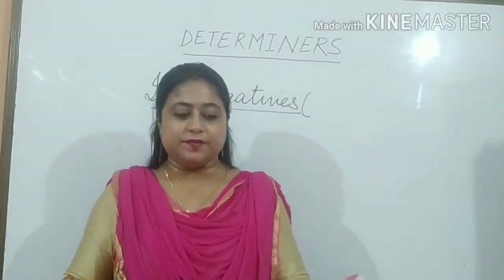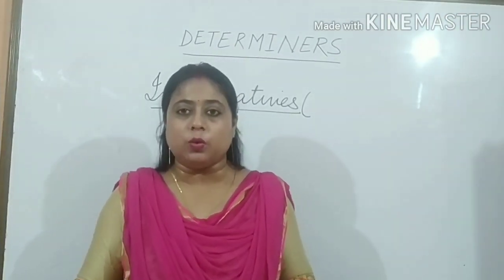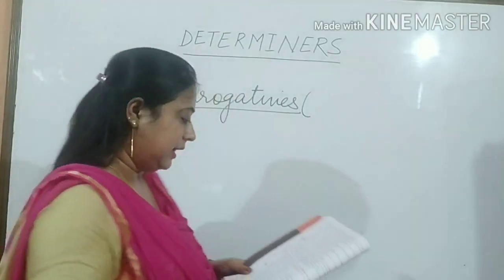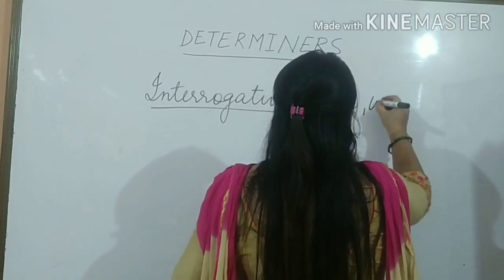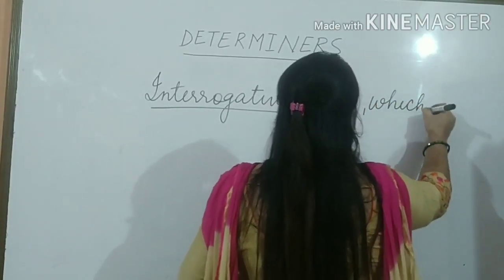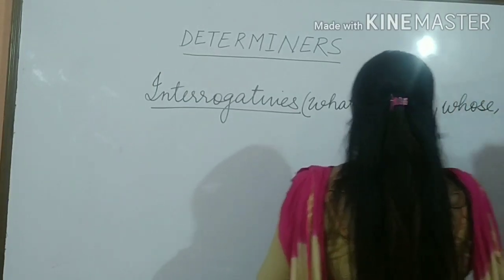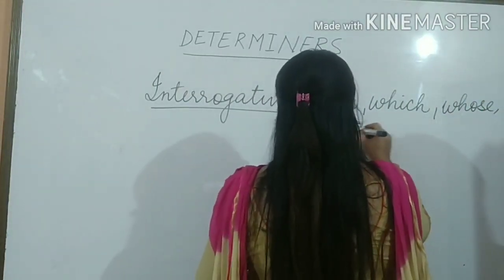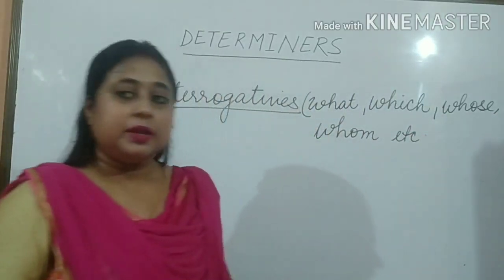The next type of determiner is interrogatives. And the words that come under it are what, which, whose, who, etc. Okay.